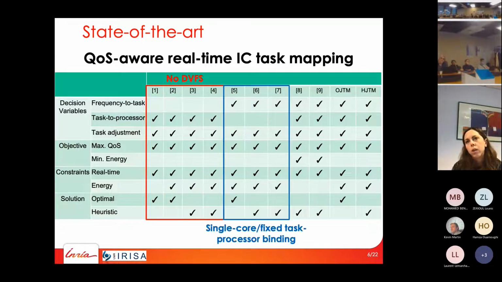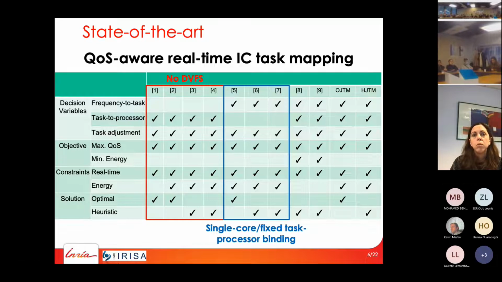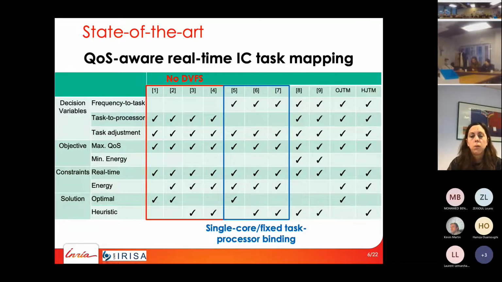Then there are other methods that do take DVFS into account, but they simplify the problem, either because they are focusing on single core platforms, or they assume that the task to process allocation is fixed and given in advance. So in this case, the task to process allocation decision variable is excluded from the problem formulation.